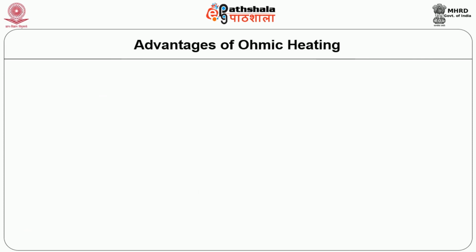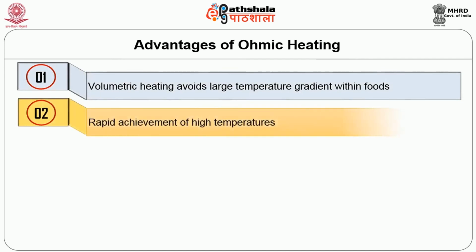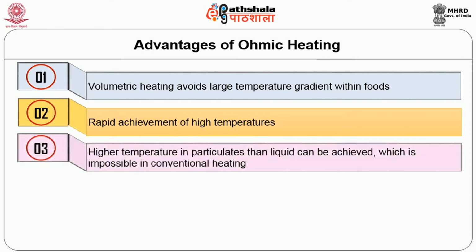The various advantages of ohmic heating are: volumetric heating avoids large temperature gradient within the foods and rapid achievement of high temperatures. Higher temperature in particulates than liquid can be achieved, which is impossible in conventional methods of heating.